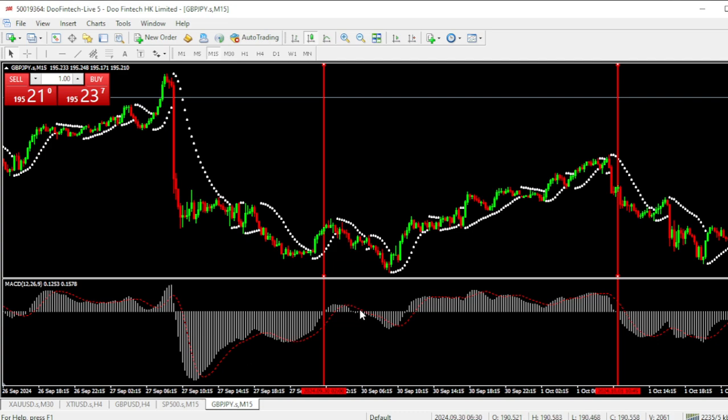So the MACD shows you that maybe it is going to change from the downside to the upper side, right? So you just open a buy position here, but it doesn't work because you put your stop loss here, and it doesn't work.